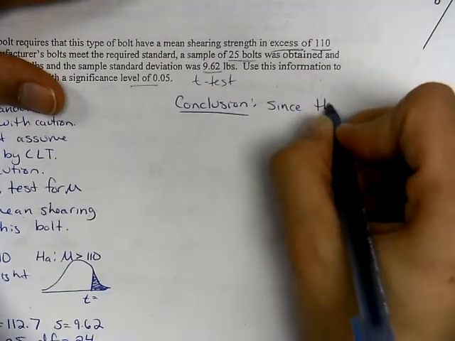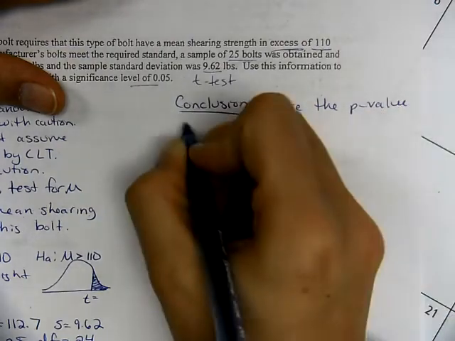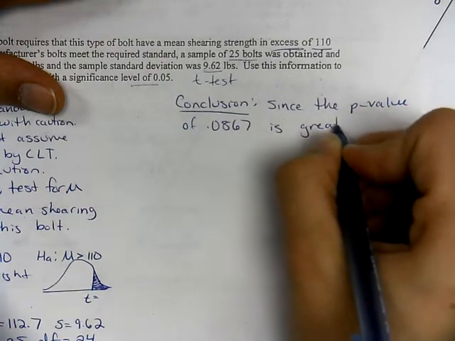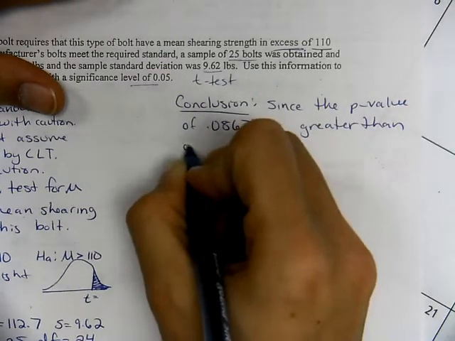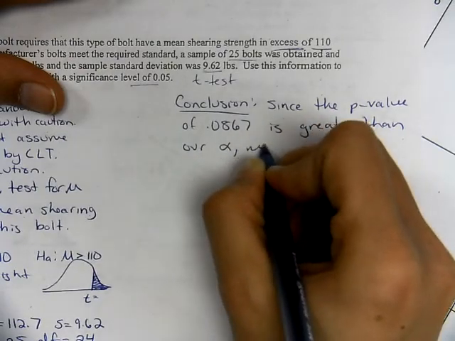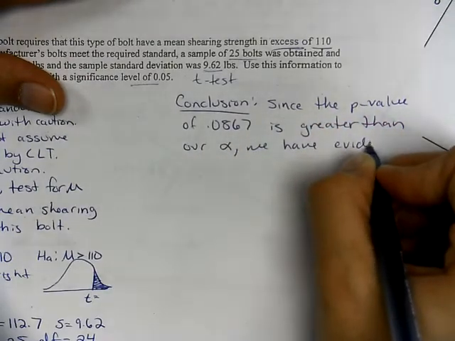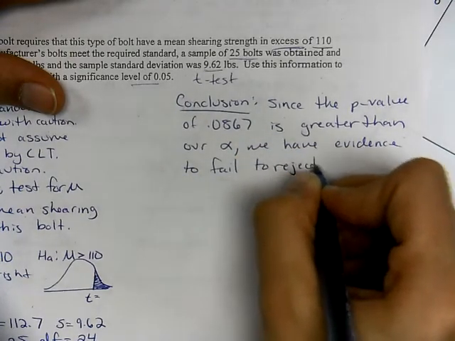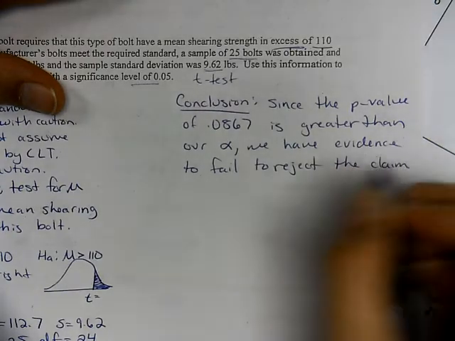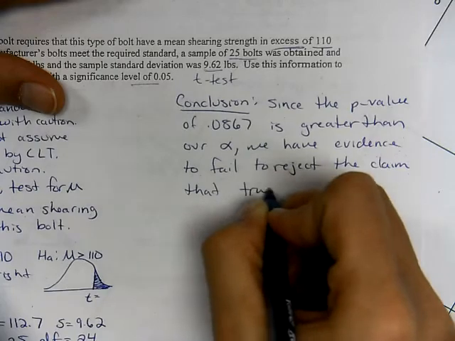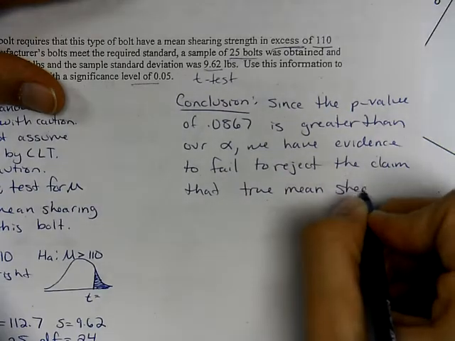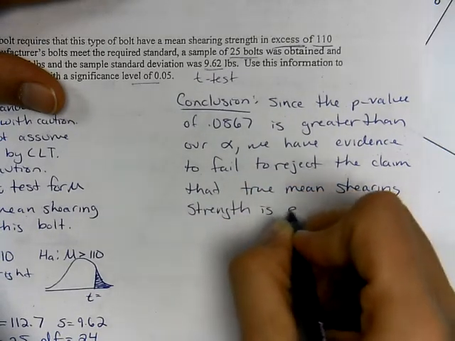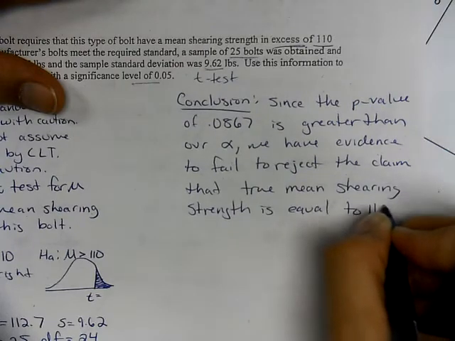So since the p-value of 0.0867 is greater than our alpha, we have evidence to fail to reject the claim that the true mean shearing strength is equal to 110 pounds.